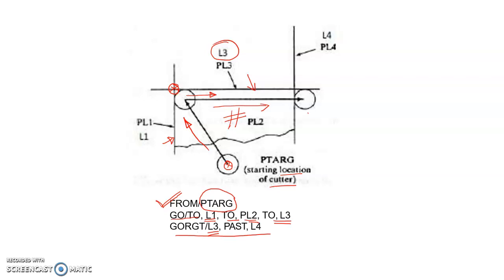Go right L3 means it has to move through the right side of L3. This is the right side and this is the left side. Then past L4, it has to stop past L4. That means it has to cross this line L4 and then stop.